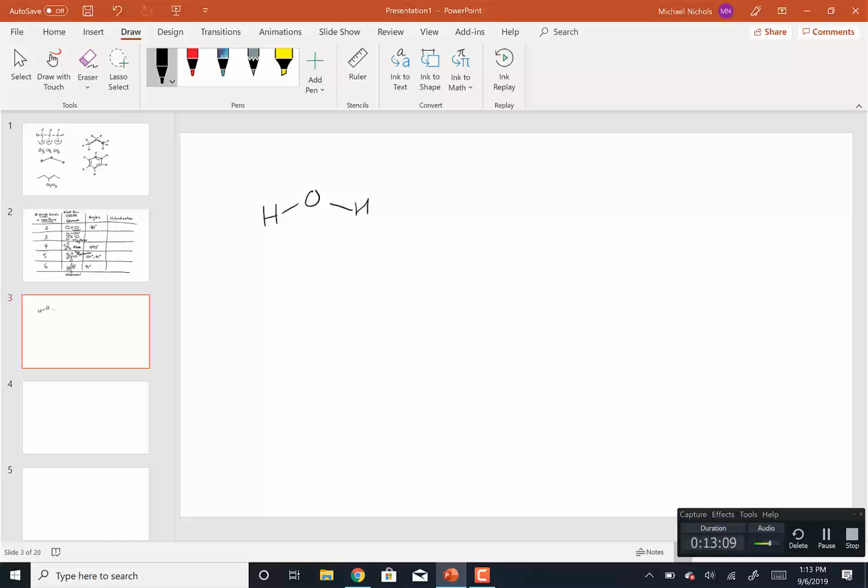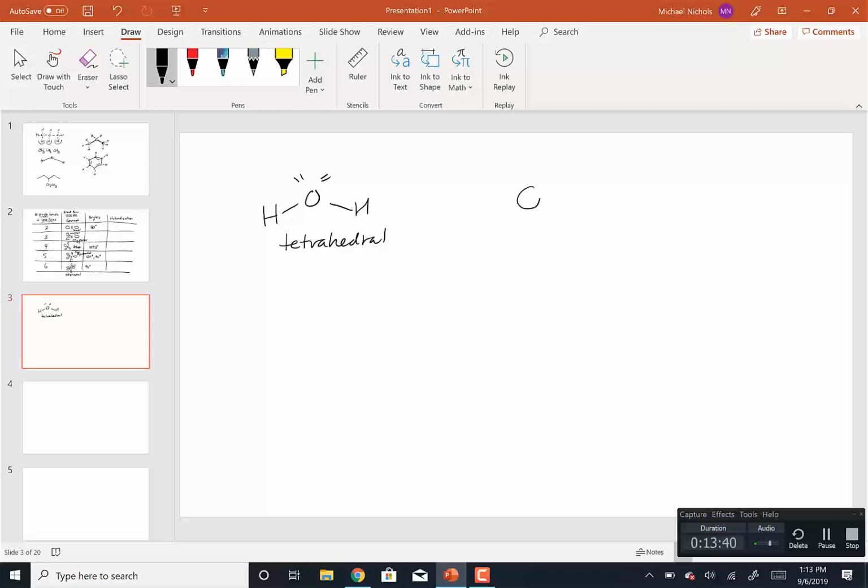So I take my water molecule, and it does have a bent molecular geometry because if I erase my lone pairs, all I'm going to see is the bonds. And in a molecular geometry, that's all you see are the bonds. You can't see the lone pairs. But I'm more interested in where the lone pairs go as well. So in this case, I'm going to call this tetrahedral.